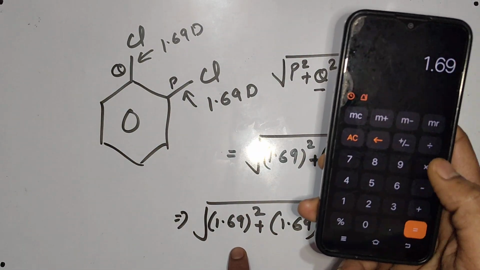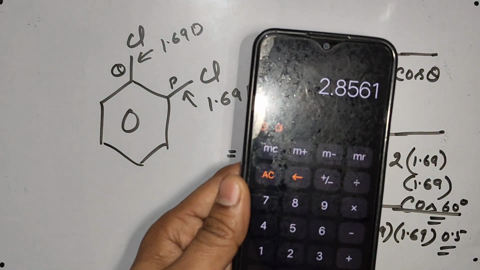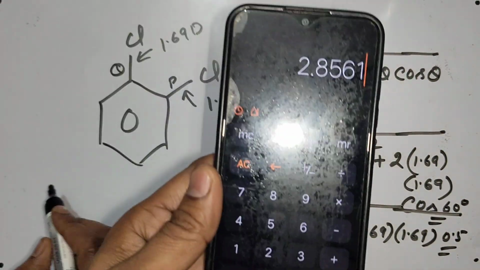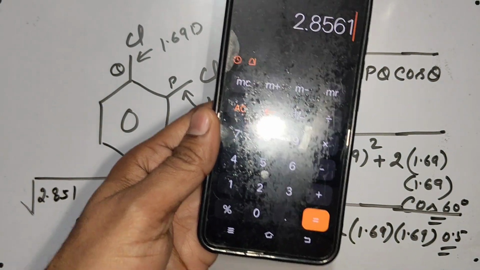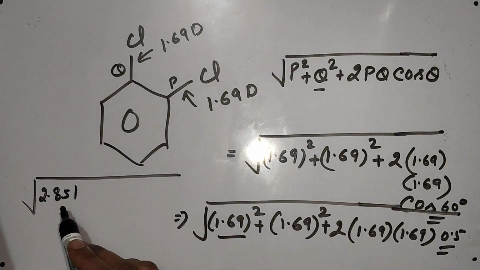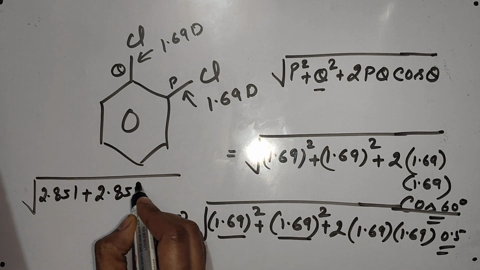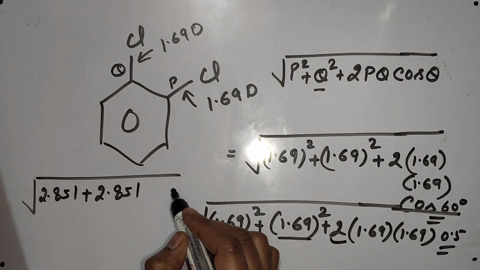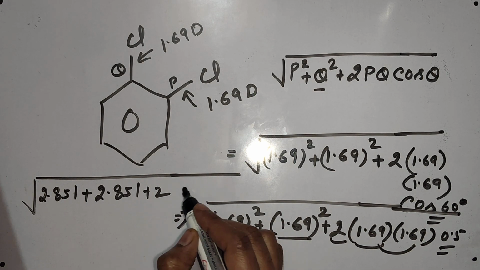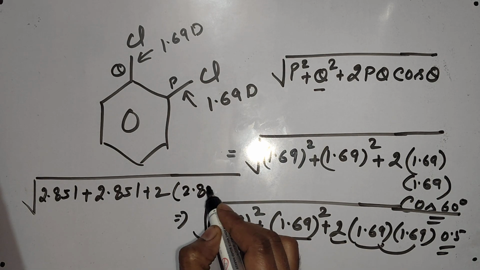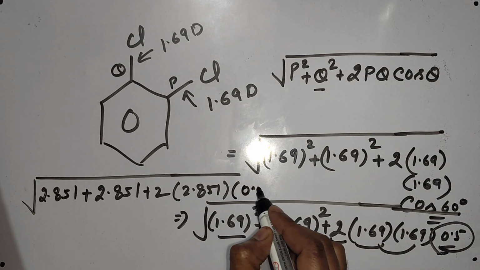1.69 square, that is 1.69 multiplied by 1.69, so 2.8561 is the value. Keep on writing it. Here I will write 2.8561. Similarly, this will also have the value 2.8561. 2 as it is. 1.69 multiplied by 1.69 is giving us the 2.8561 value, and cos 60 degree is giving 0.5 value.